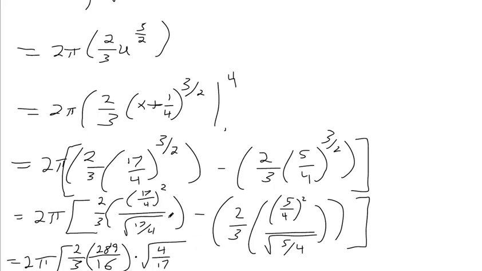I think it's the same thing. So over here it's 2/3, and then we've got the 5 over 4 squared in the numerator, so that's 25 over 16. And then we're dividing by the square root of 5/4, so it's the same thing as multiplying by the square root of 4/5, I think.